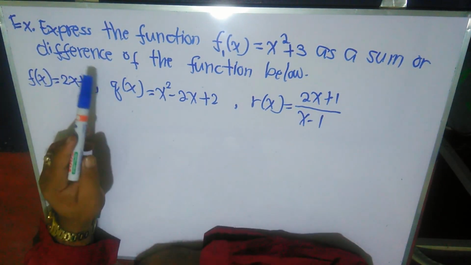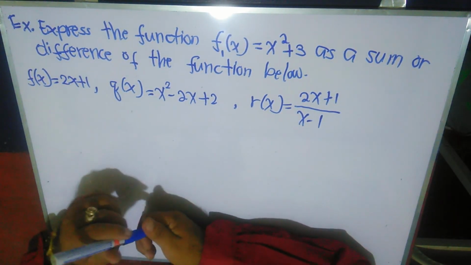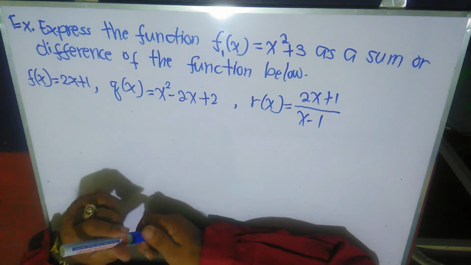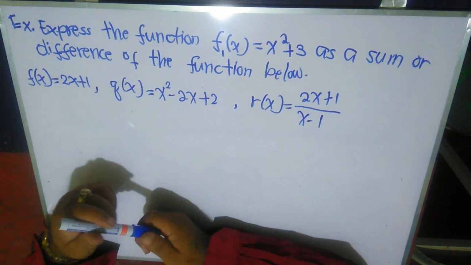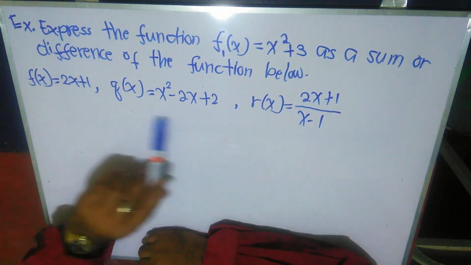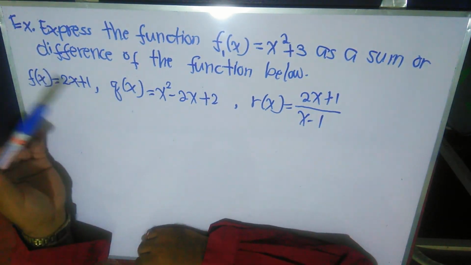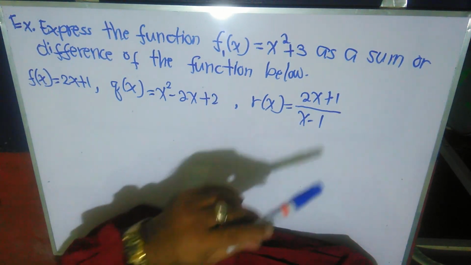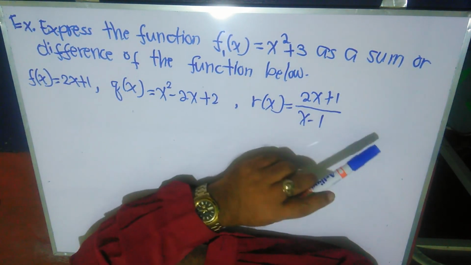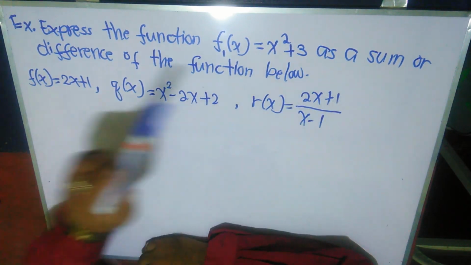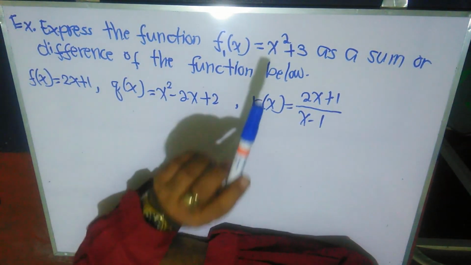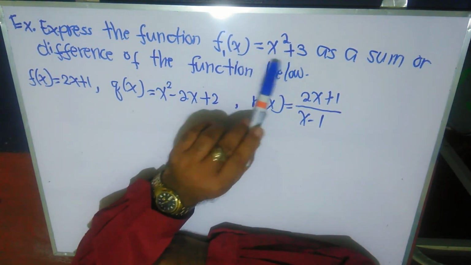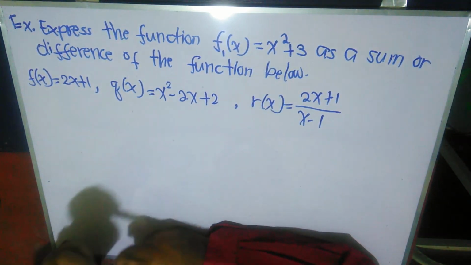To answer this problem, we can apply trial and error. Let us find which two of these three, in the form of a sum or difference, give this expression or function.